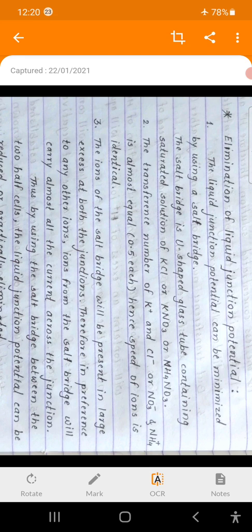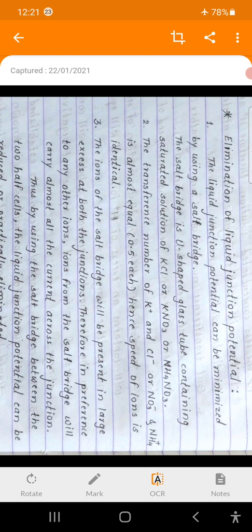The speed of cell reactions, that is reaction at anode and reaction at cathode, decreases, and therefore the cell ceases to operate. So, for easy operation of cells, it is necessary to remove this junction potential, and it is eliminated by using a salt bridge.